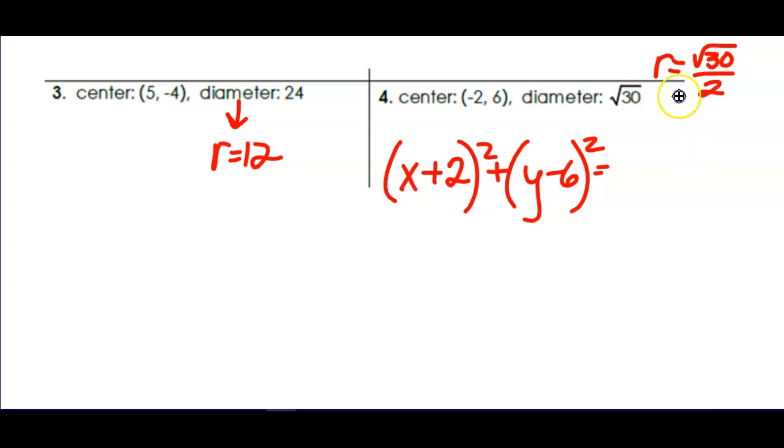So when we square that, we square the top and we get 30. We square the bottom and we get 4. And 30 divided by 4 is 15 halves, or 7.5. And it's already the radius squared, remember. Okay.